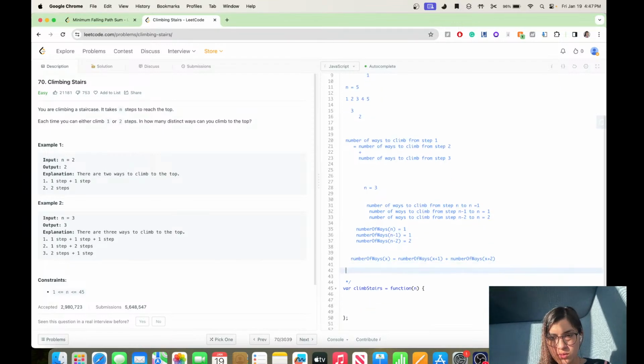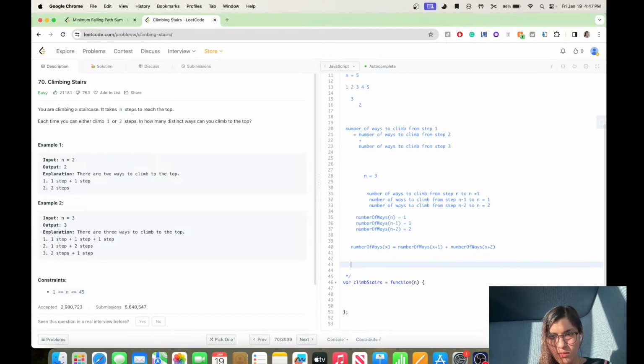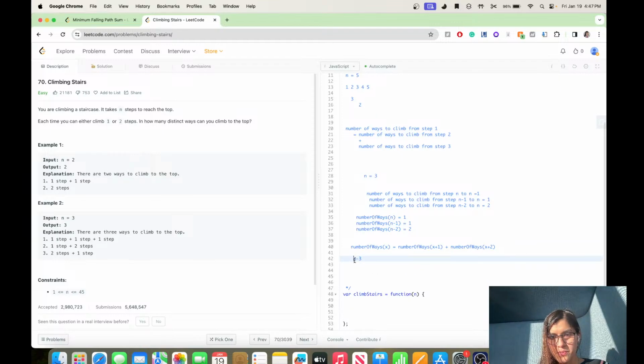So I think I need to go from last. I mean, if n is equal to 5, then I need to come back from last, okay? From 5, 4, I think I need to start from n minus 3 here. So 5 minus 3 is 2. So I will have to start from 2.